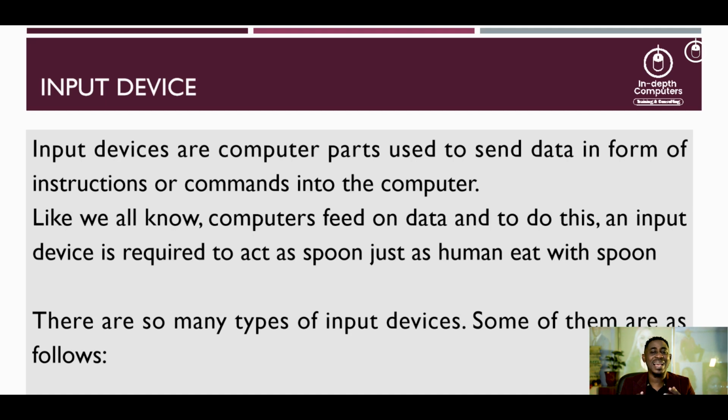But the first thing is, how can a computer accept data? A computer can accept data only if you use the input device to send the data into the computer system. Now, how do you send data into the computer system? Using input devices.